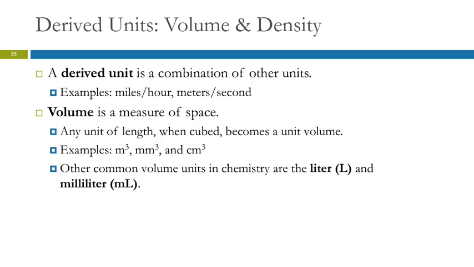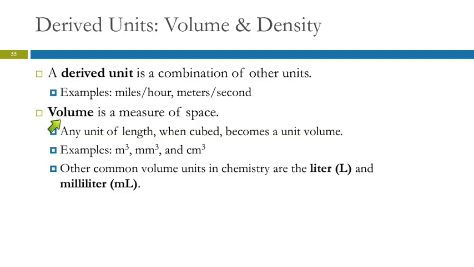So for a rate of speed, for a car on the highway, we usually measure that in miles per hour. So that's a combination of two units. That's a derived unit. Or we can do it in meters per second.